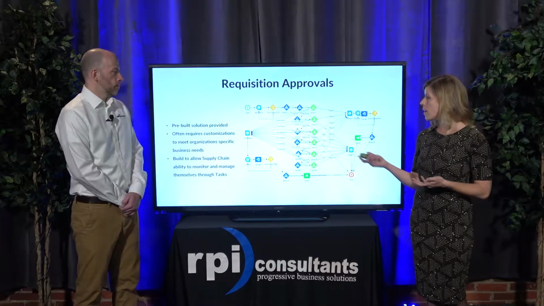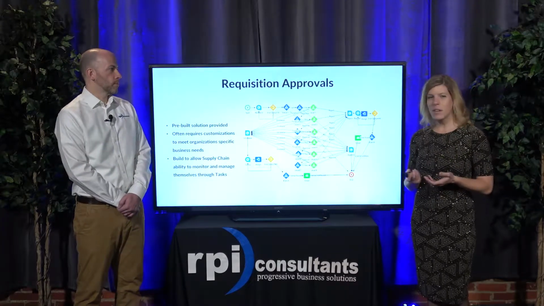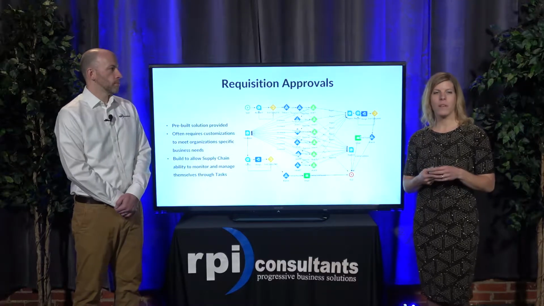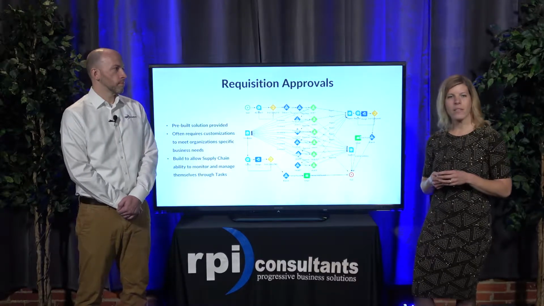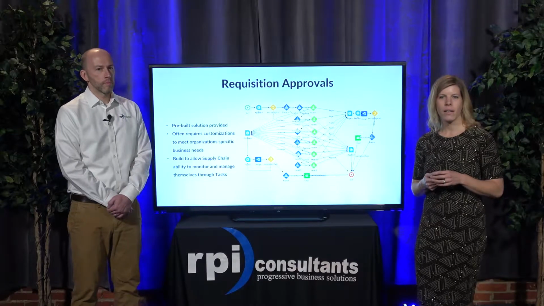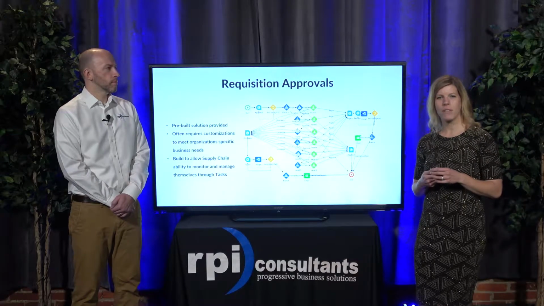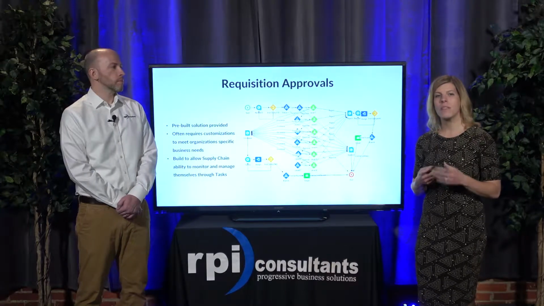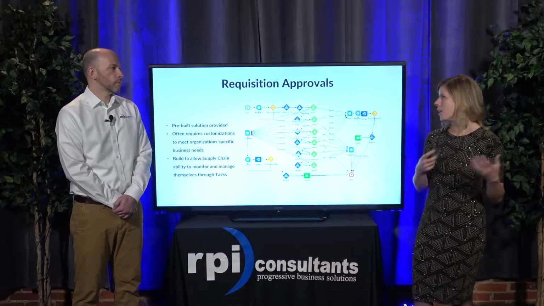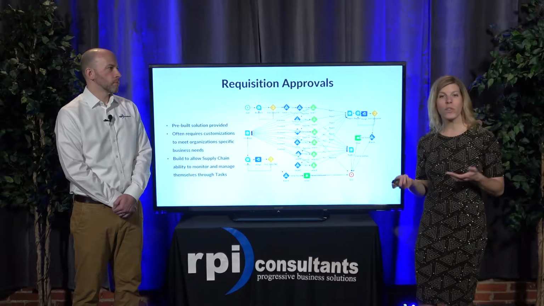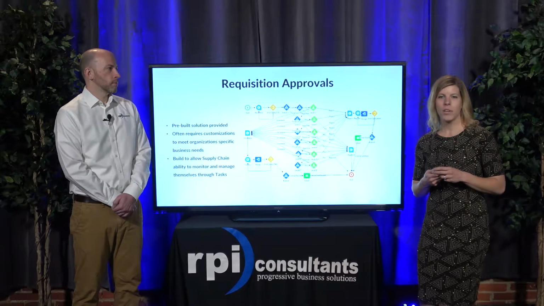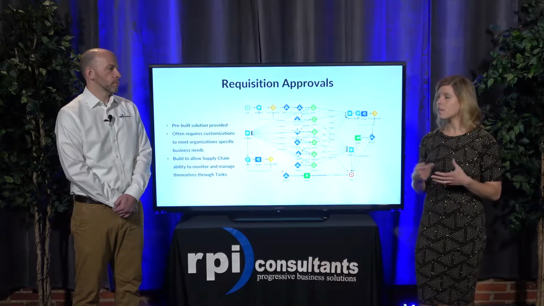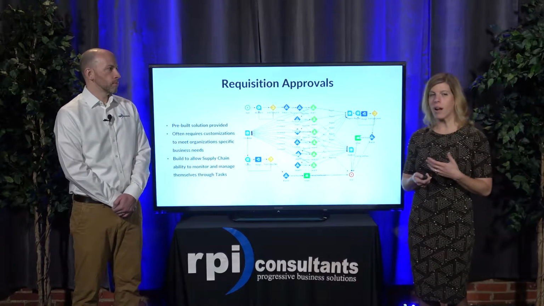Infor offers a delivered process flow for you to work off of. However, your processes often require this flow to be pretty heavily customized in some instances, right? Because you have your own specific processes, maybe certain departments have different approval levels, or maybe a certain type of request like service needs to go through a different process.